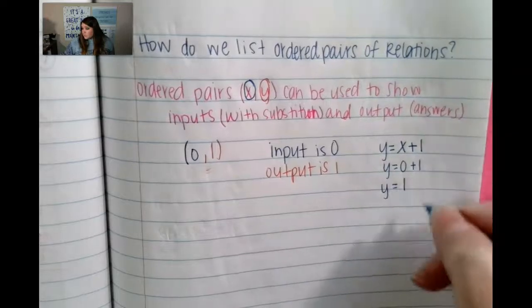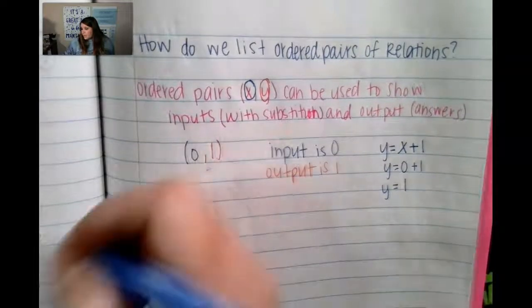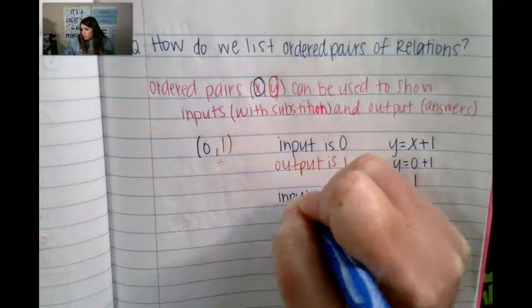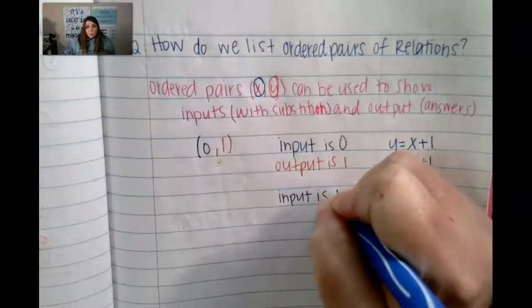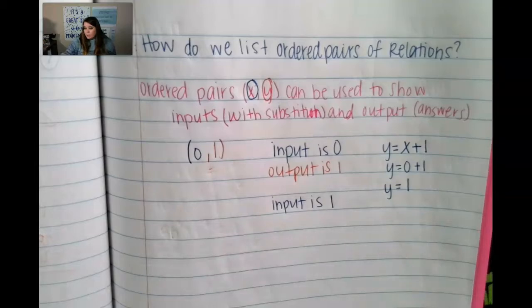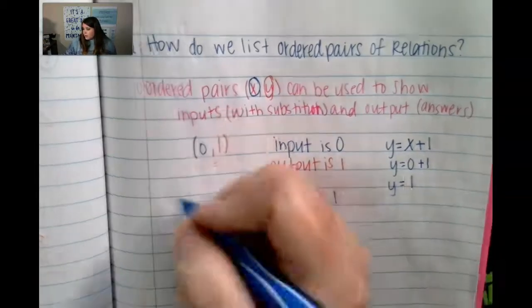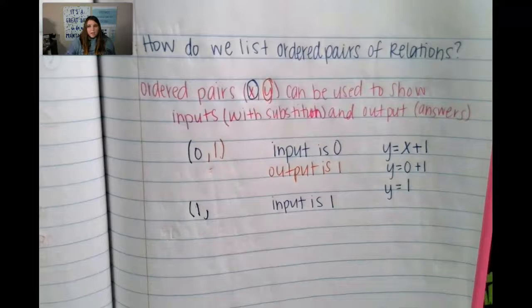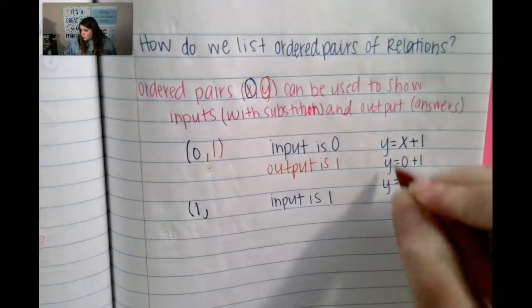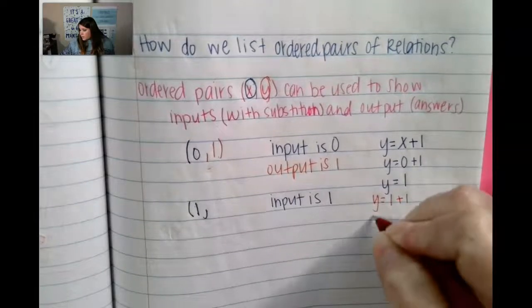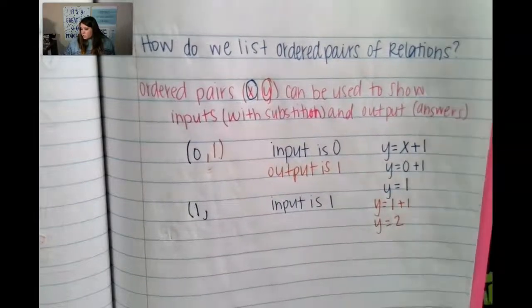Okay, let's use this same equation, and let's say that in this one, my input is 1, and then we'll discover what my output is. So my ordered pair here, if my x was 1, what is my y going to be? Well, my y value would be y equals 1 plus 1, so y equals 2.